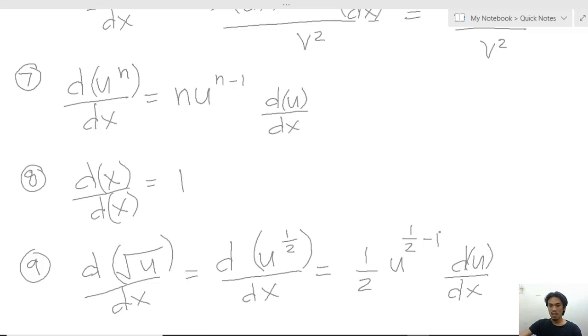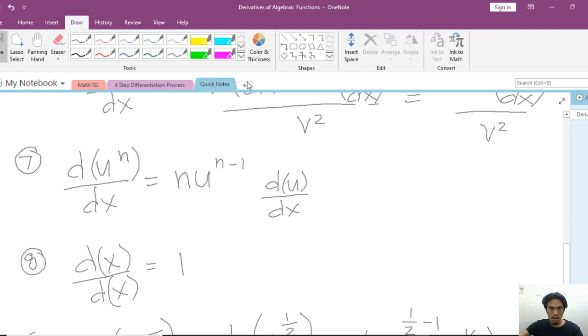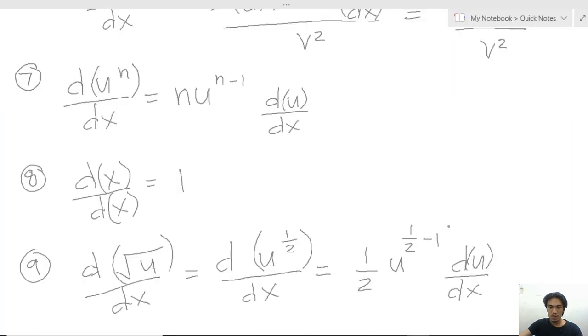The new exponent is 1/2 minus 1, which is negative 1/2.